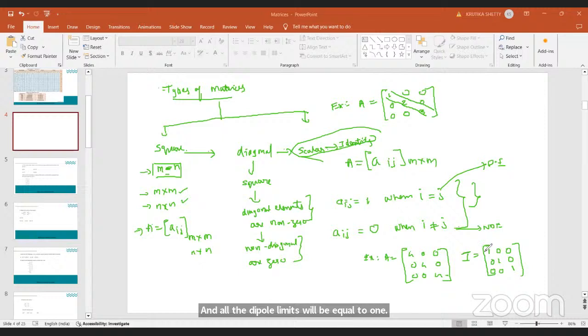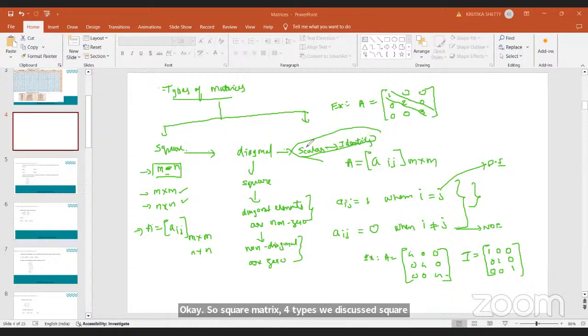So if all the diagonal elements are 1, such a matrix is said to be an identity matrix. If all the diagonal elements are equal, then it is said to be a scalar matrix. If non-diagonal elements are 0 and diagonal elements have some value, then it is said to be diagonal. And then we have what? A square matrix. So four types we discussed: square matrix, diagonal matrix, scalar matrix, and identity matrix.